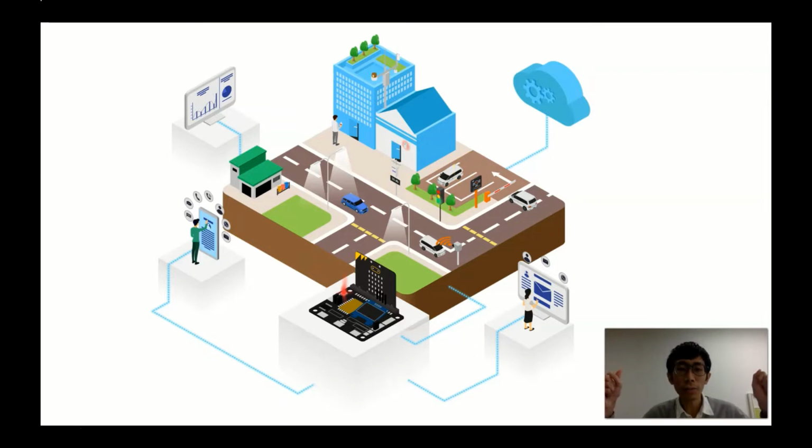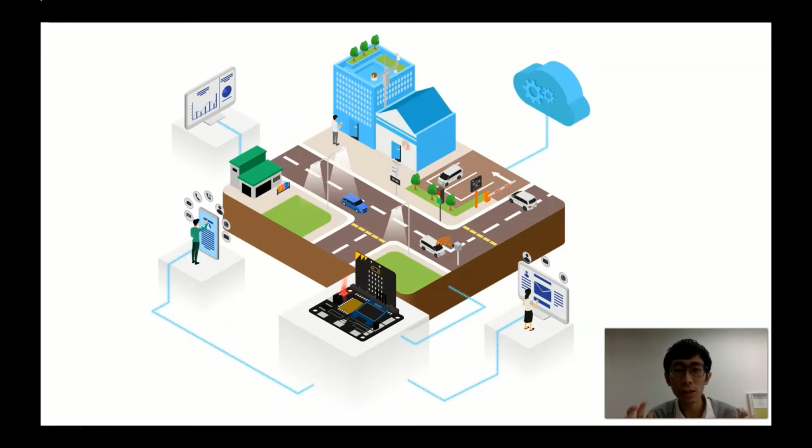So we design the city map and then narrow it down into one A2 size so that it has most of the elements of a smart city for the student to learn from.